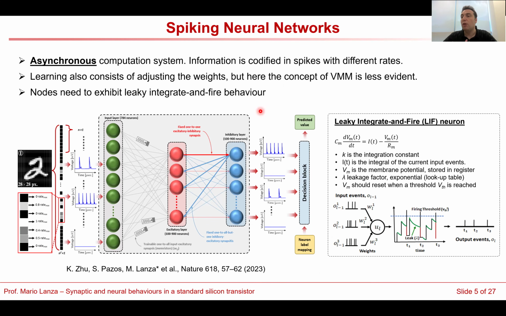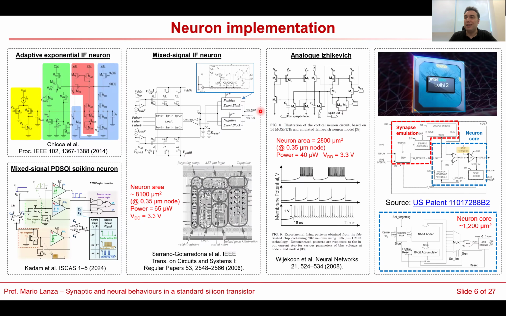So this is something well known, and there are different mathematical models that can implement this leaky integrate and fire neuron behavior. And here you have some of them, but not only the name, but also how these functions are implemented with standard CMOS technology.